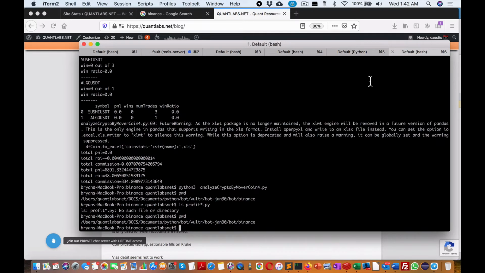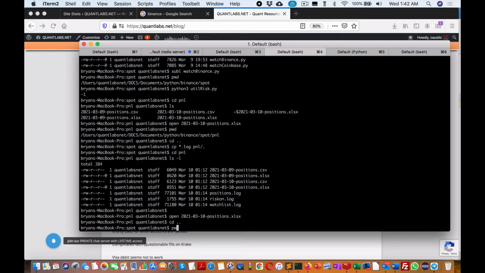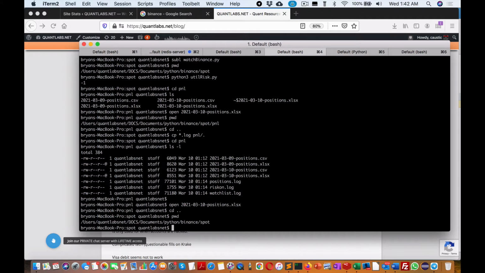So in here, let's make sure I go to the right tab. Okay, so what I've got here is the spot bot, and as I said, it's running. I'll move the latest position logs and all that fun stuff.